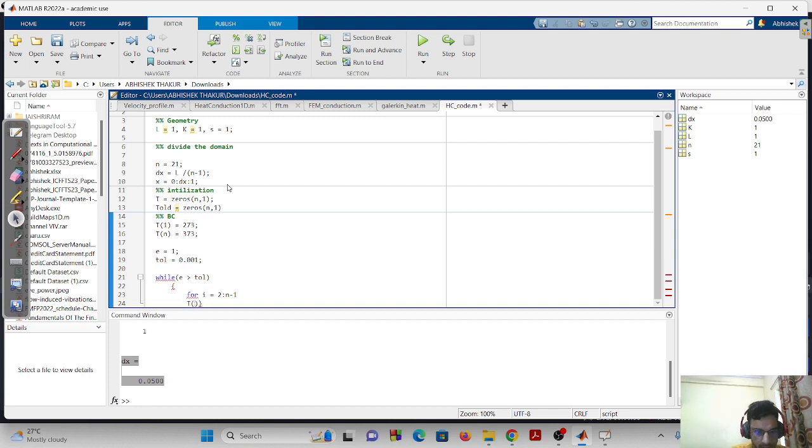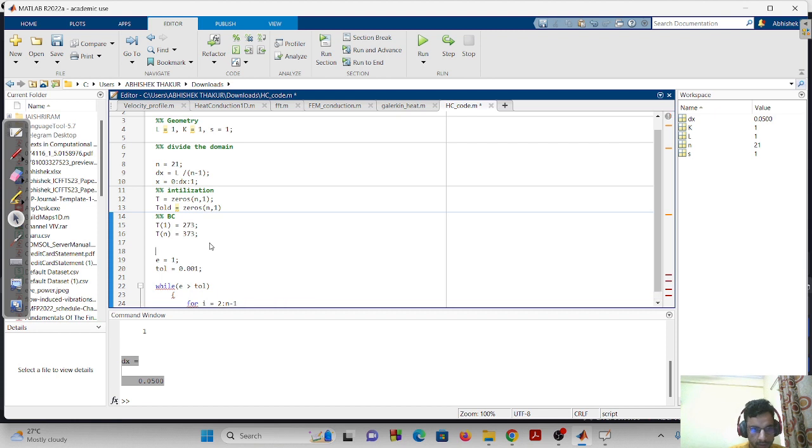We say T(i) equals T old. We are just writing the discretization equation here, S by a, and we are dividing by 2. So we have to define what a is.